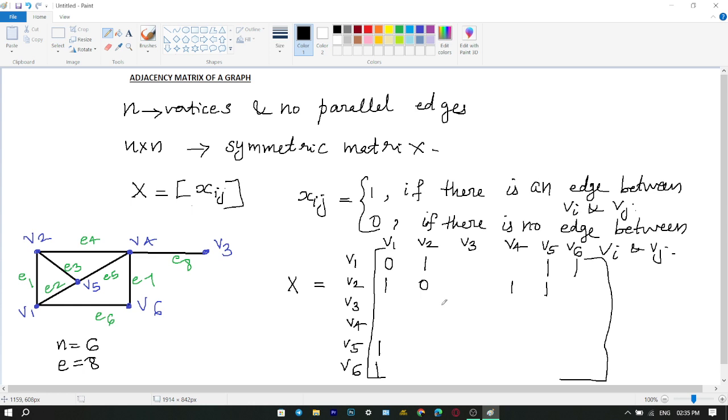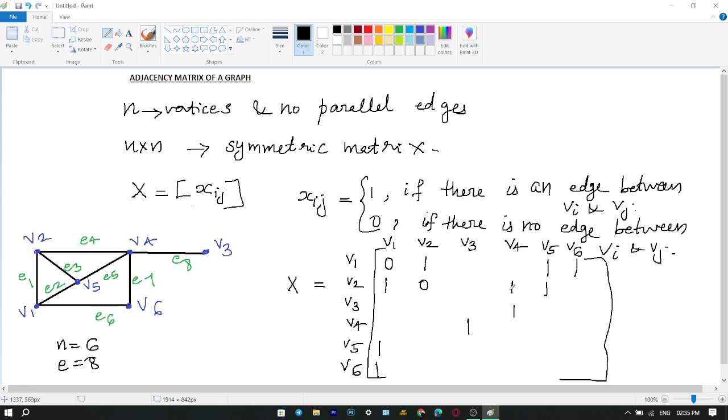Now V3 to V4, there is an edge. Similarly V4 to V3 also there is an edge. Okay. Then next we have V4 to V2.